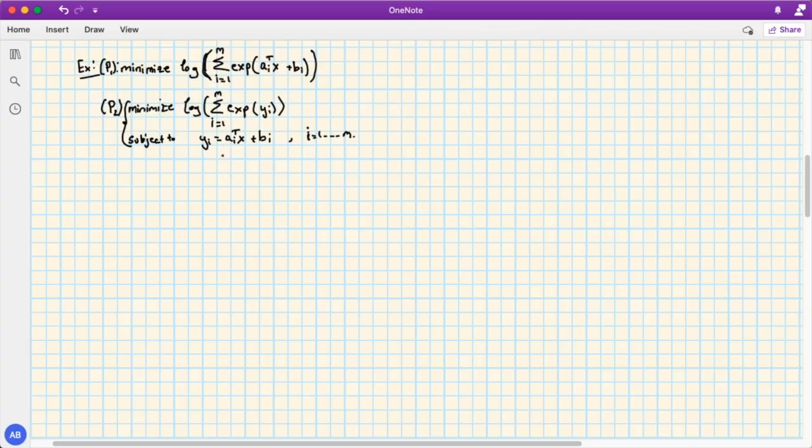Well, those are affine constraints, and if you look closely, you can write all of them as one big constraint in a compact way, as y equal to ax plus b, where y contains yi in its ith entry, b contains bi in its ith entry, x is a vector, and AI transpose is the ith row of the matrix A. So A looks like this.